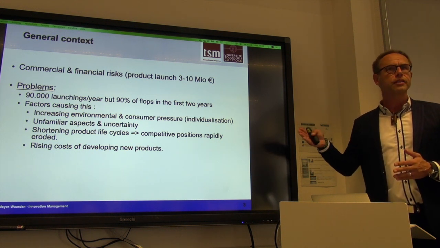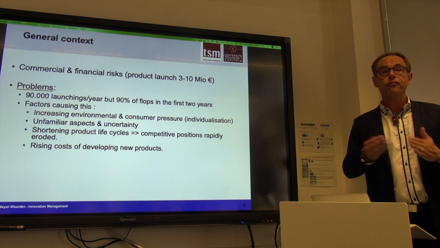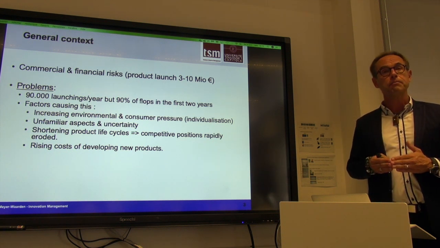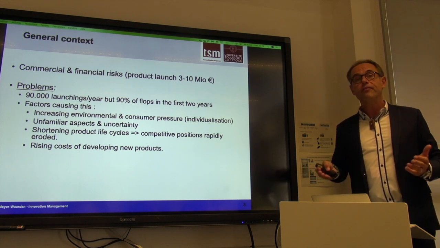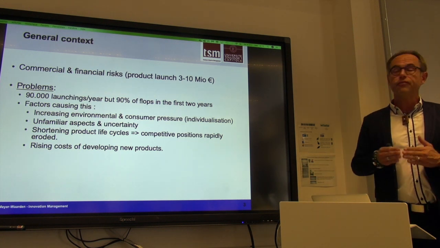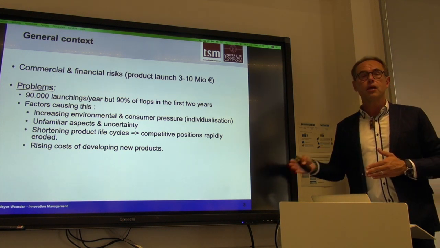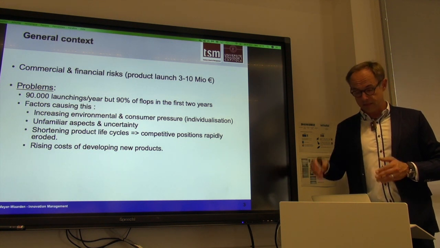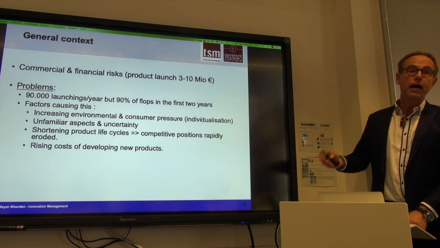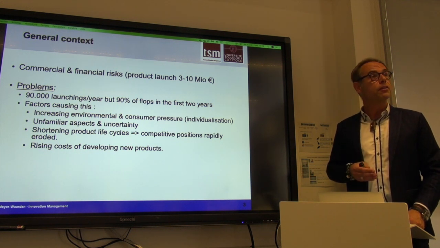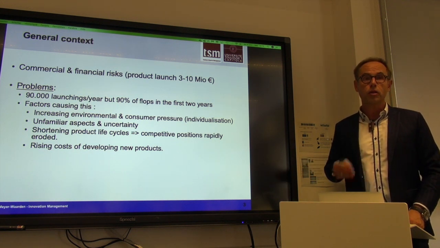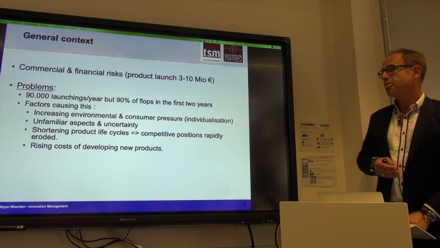For Apple, it's every 2 years. 1 to 2 years for very heavy product development costs. It's very short to bring benefits to the firm. The development time has to be shorter, but subsequently the time on the market becomes shorter. So the competitive positions of the firms erode very quickly due to this short time they have on the market.